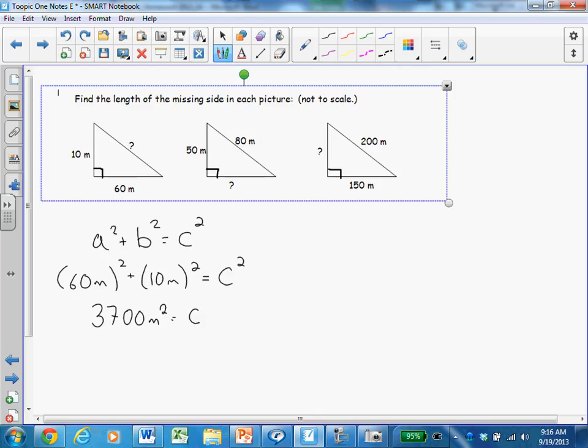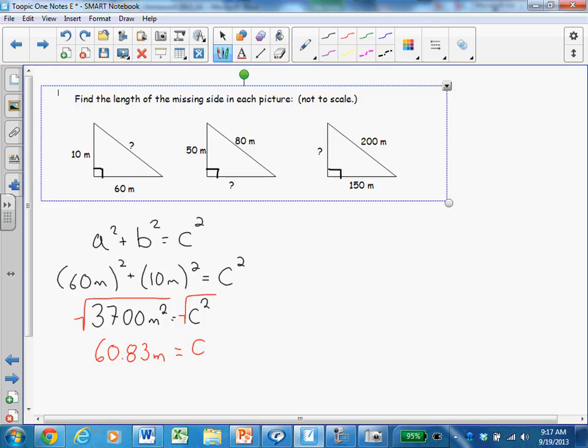What's the opposite of squared? Square root, right? The square root of 3,700 is 60.83 meters. The square root of meters squared is just meters.